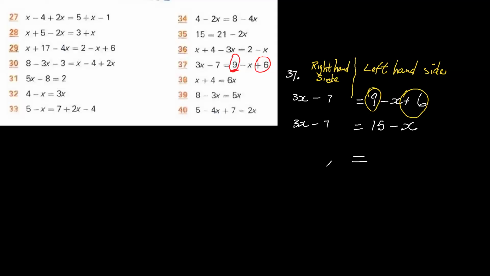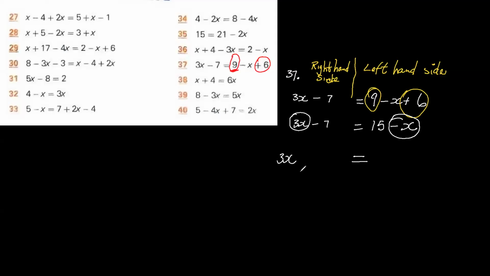Next line. I have 3x. I have the negative x. Put all the x's on the left-hand side for me. So let me ask Gabriel, what would I have for the third line? Tell everybody, Gabriel.